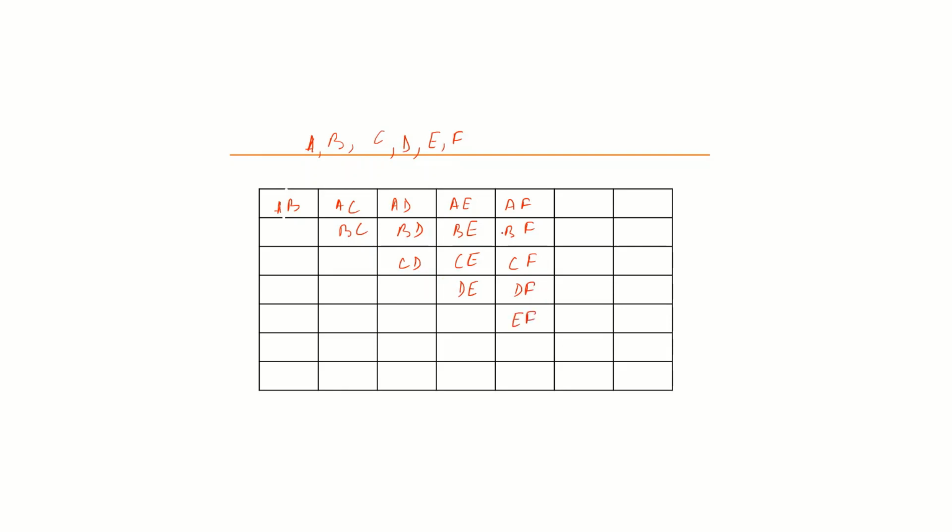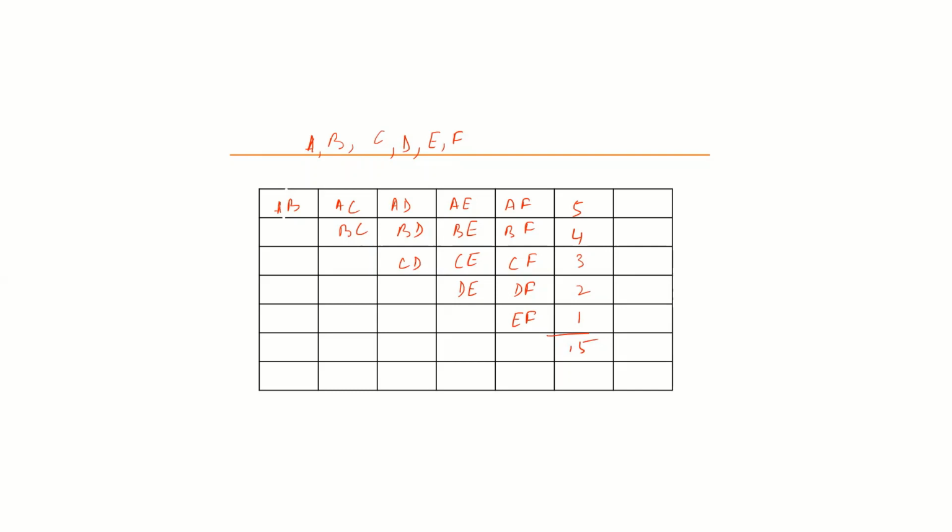Now, if we look at it, it basically comes down to the number of matches played in the first row. If we have 5, 4, 3, 2, 1, and we sum it, it is 15 matches.